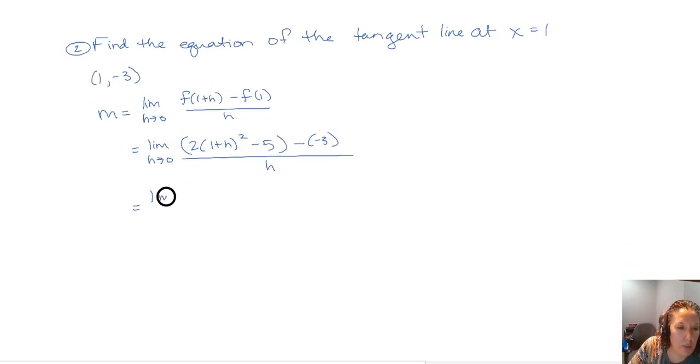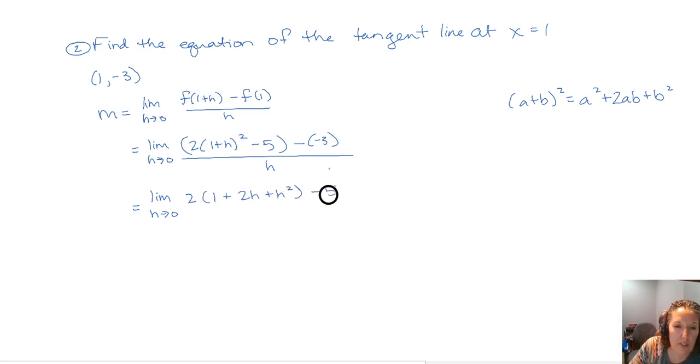We can square that binomial. Anytime we have a binomial squared, that's always going to multiply out to a squared plus 2ab plus b squared. So here our a is 1, so 1 squared plus 2 times 1 times h, that's going to be 2h plus h squared.